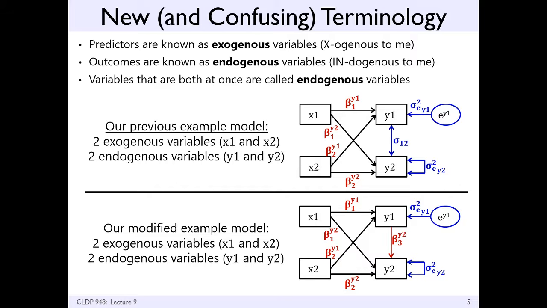It's Y1 on X1, where we regress Y on X. Y2 on X2, Y2 on X1, and Y1 on X2. Cool. M+ then automatically will estimate intercepts for Y1 and Y2, and it will estimate residual variances.